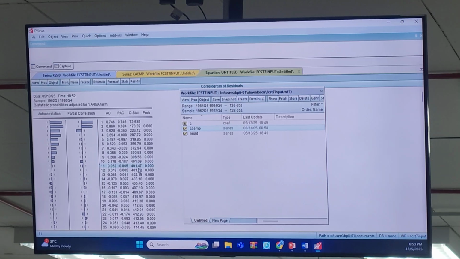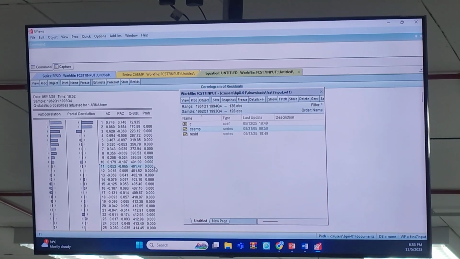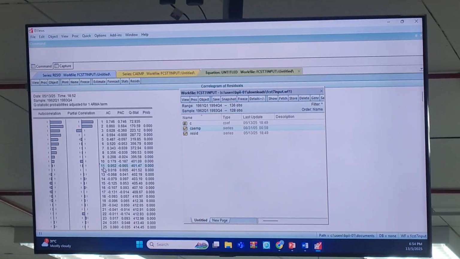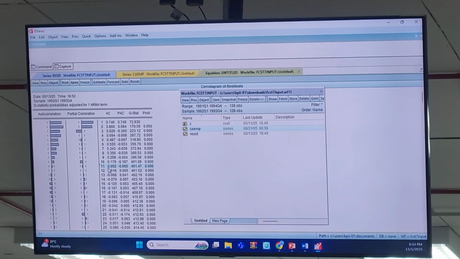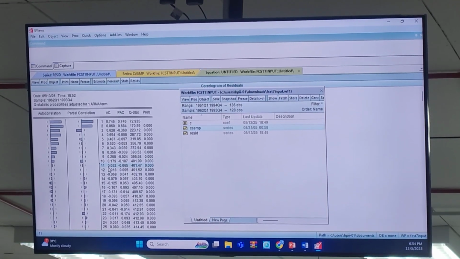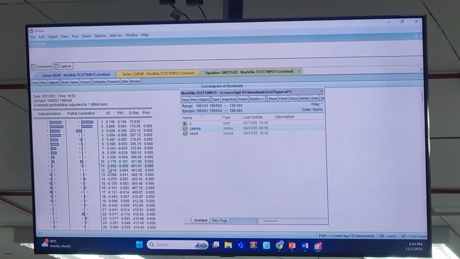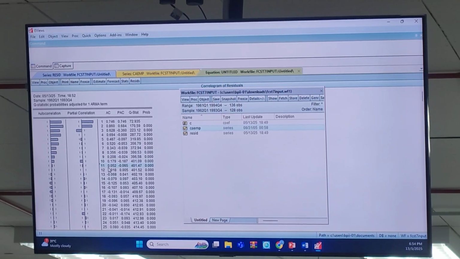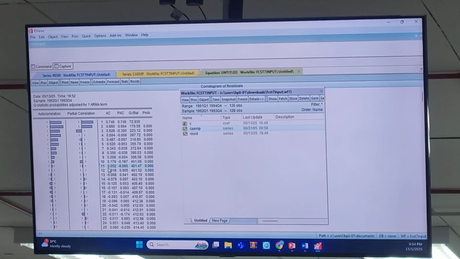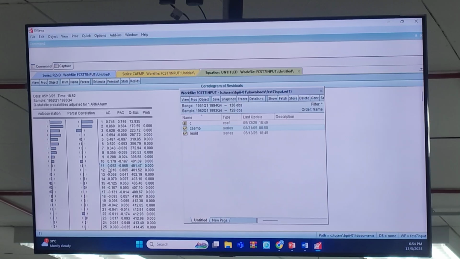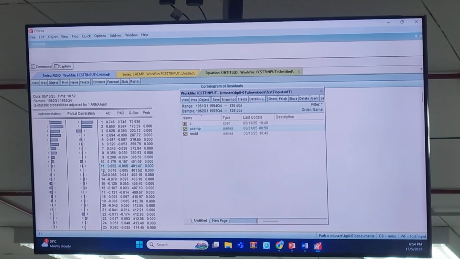So the Q statistic here, then you also have the p-value given here, the p-value for the test. Recall, we perform the test at lag 11, which means we are testing the null hypothesis that the true autocorrelation at lag 1, between yt and yt minus 1, lag 2, yt and yt minus 2, up to lag 11, yt and yt minus 11, all are equal to 0.